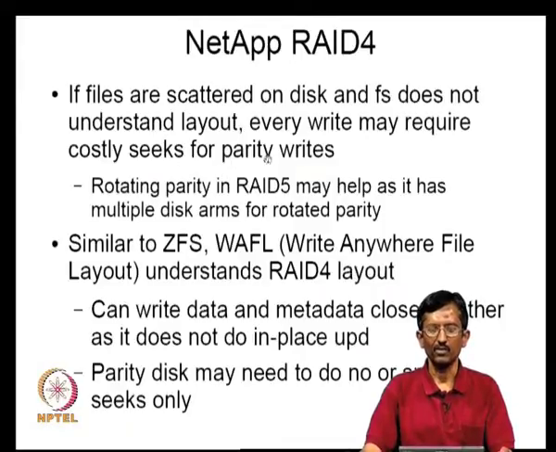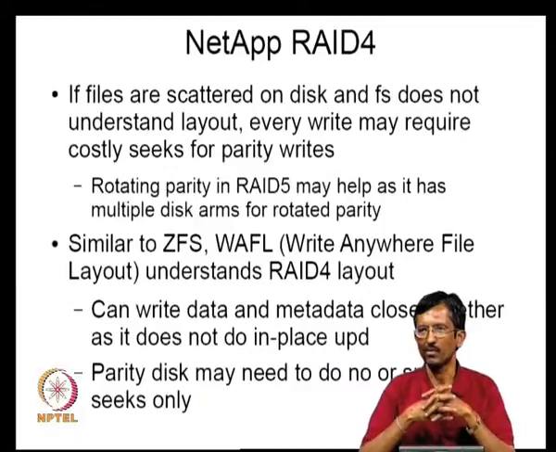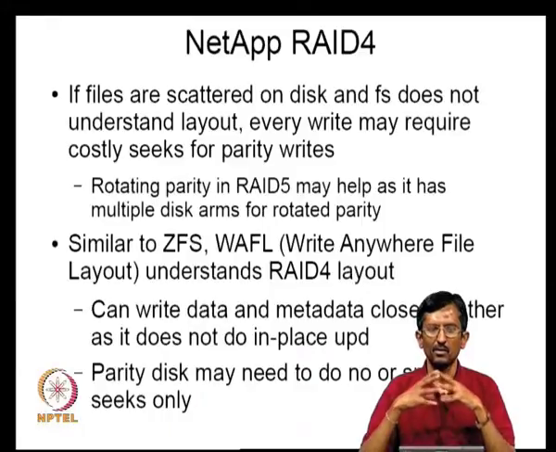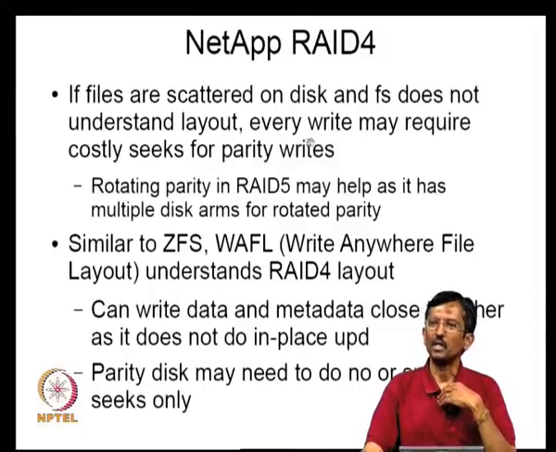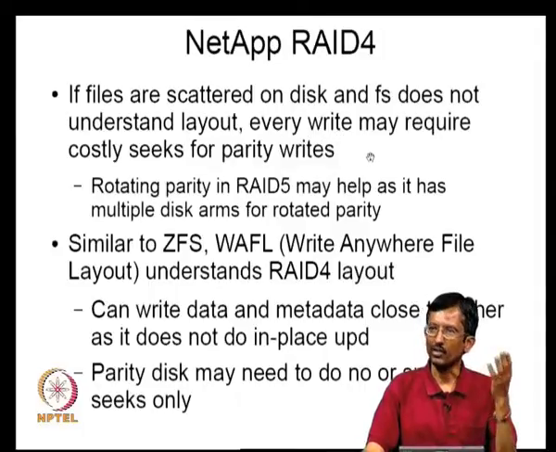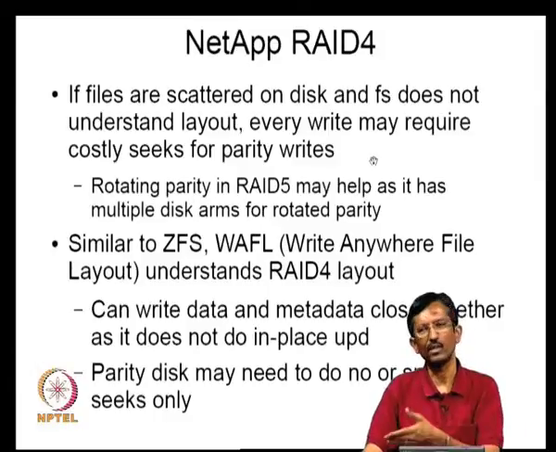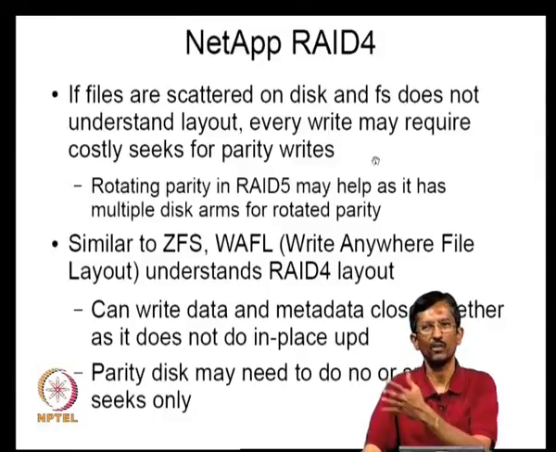Also, in standard RAID5, if you are using a regular file system and your files are scattered all over the disk, then when you update multiple files, the blocks may be in different places on the disk, and the corresponding parity areas are also in different places.